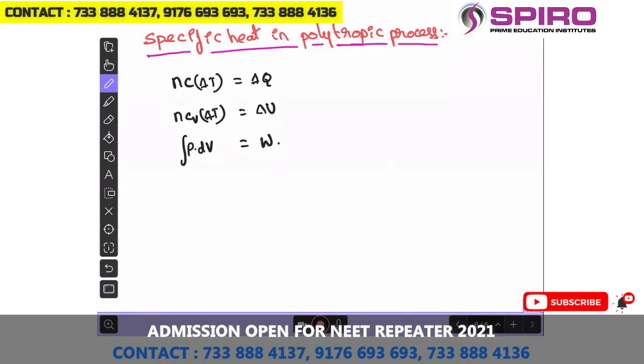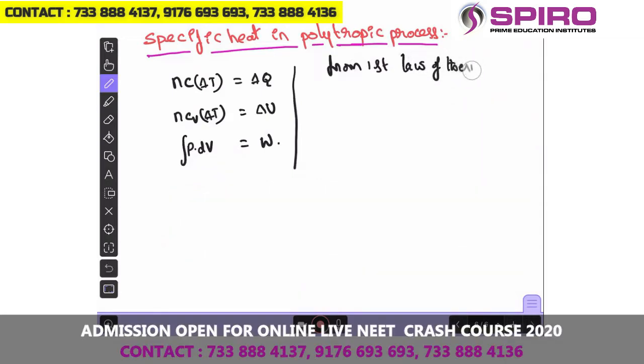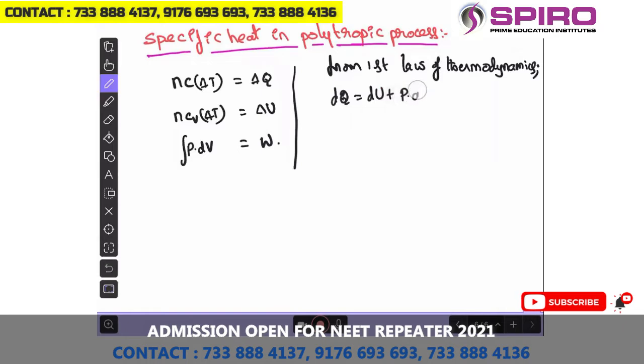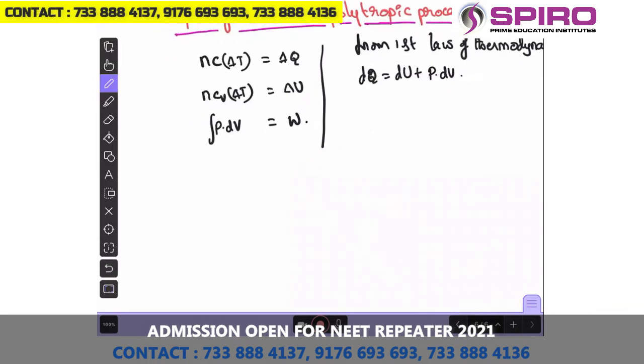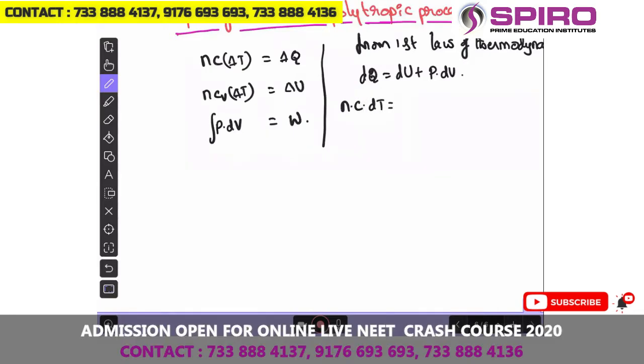So in these processes, from the first law of thermodynamics, dQ can be written as dU plus P dV, and dQ can be written as n C dT is equal to dU, which is written as n Cv dT, plus P into dV.